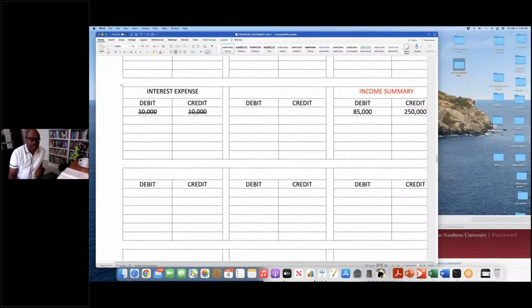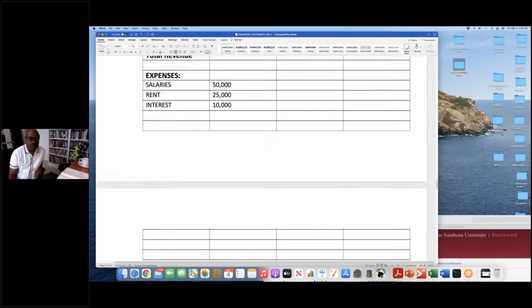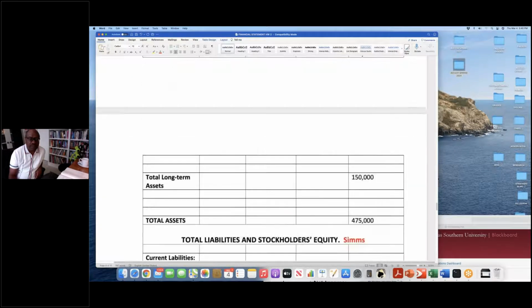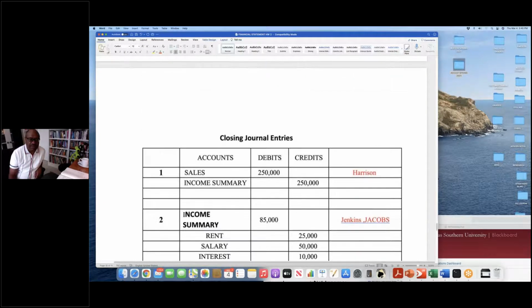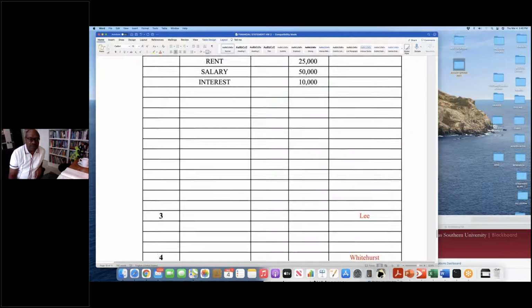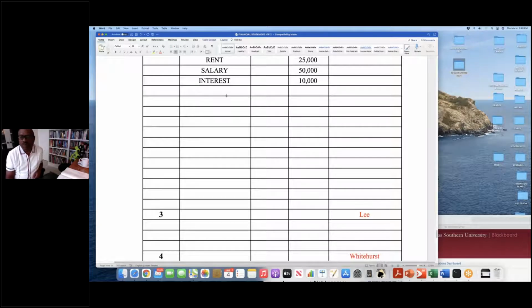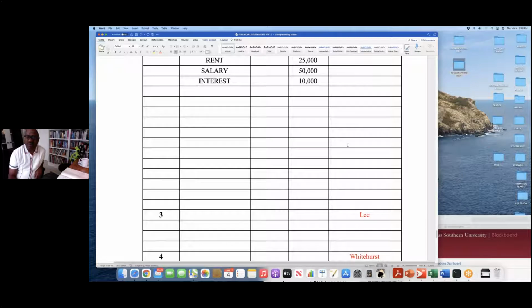Now we need closing entry number 3. That's Lee. So I put income summary for 145,000, and I also put retained earnings for 145,000 also, but I wasn't sure if that was right.